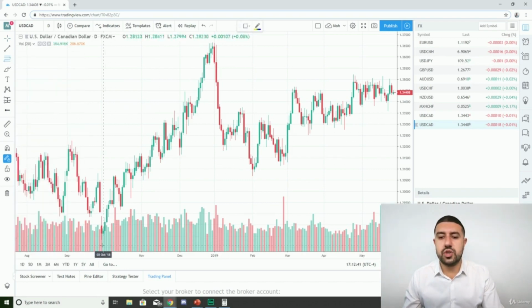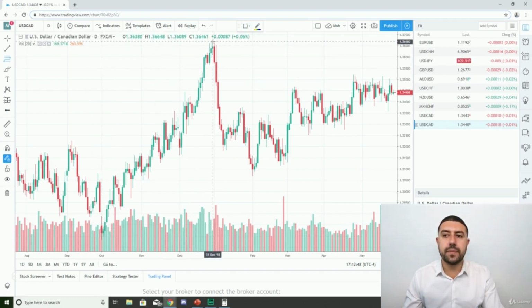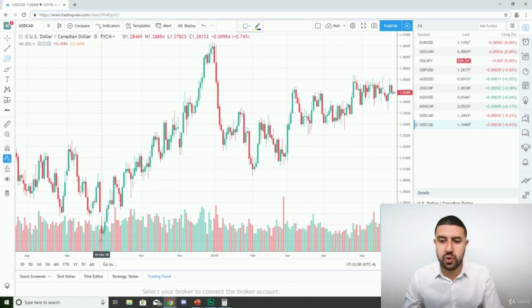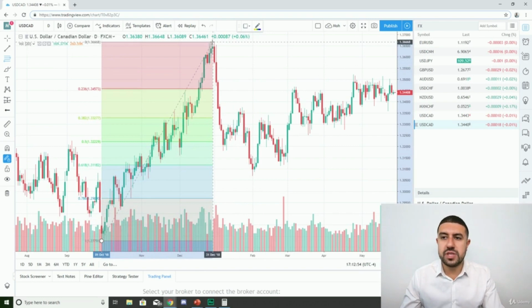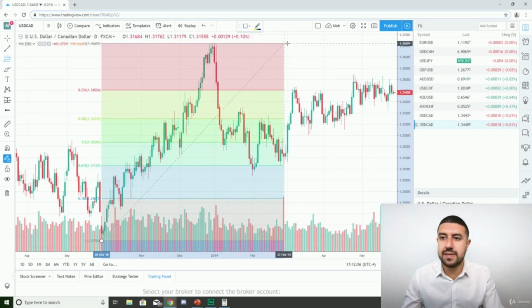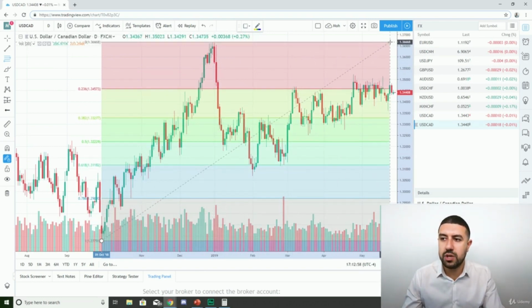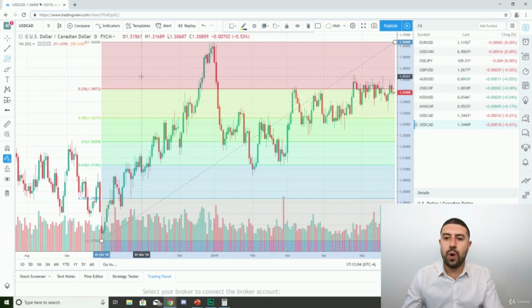And the way it works is once you select it, you have to select a trough and a peak. So you select here the lowest point that you see and the highest point. Once you select the highest point, you can just extend this further so you can include the rest of the chart that you want to see. Basically, what's going to be drawn here is some of these Fibonacci ratios.